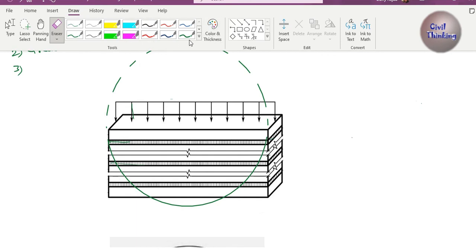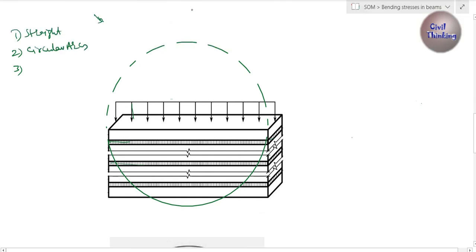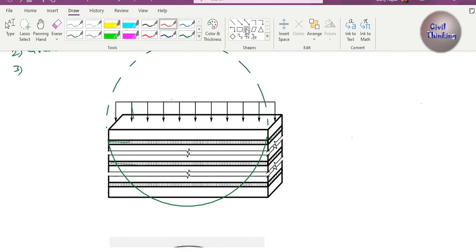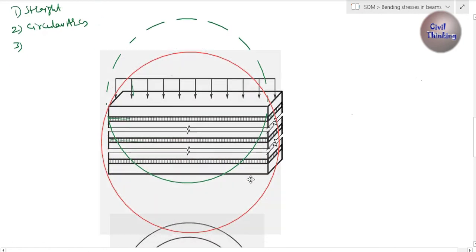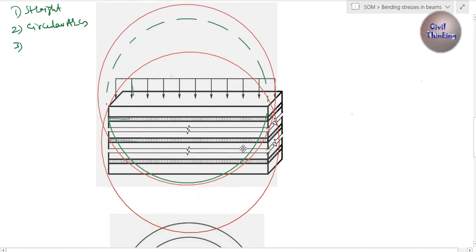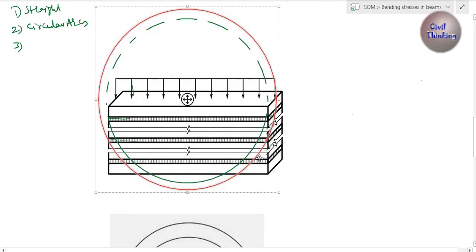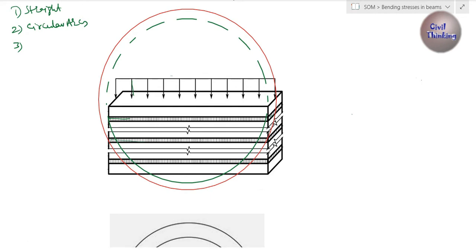If I draw another circle, now this part, the second fiber, right?